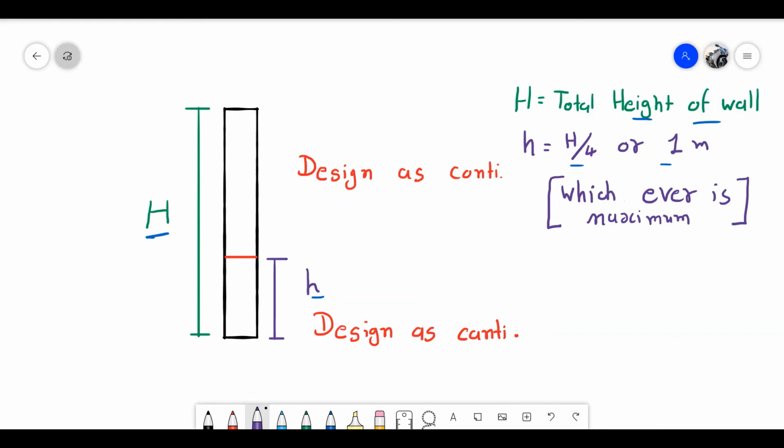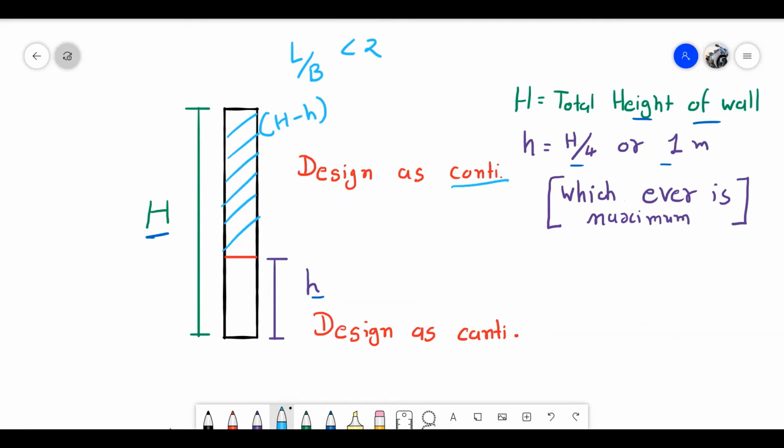Here the L by B ratio is less than 2. It means the wall, this height which is capital H minus small h, the top portion, will be designed as a continuous portion.